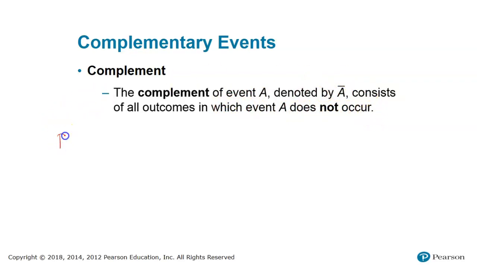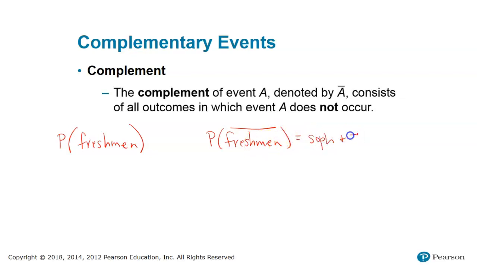So if I said the probability that someone is a freshman, and I wanted to look at its complement, that's going to be everybody that's not a freshman. So that's going to be the sophomores and the juniors and the seniors. And we could even throw in the graduate students. So everybody that's not a freshman is going to be the complement to the freshman.